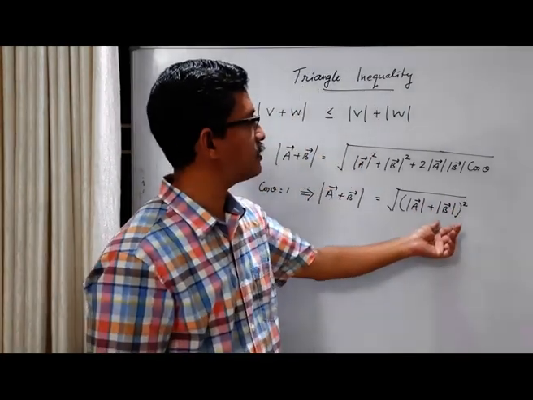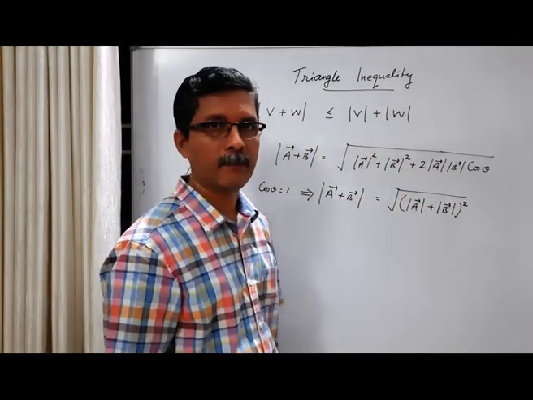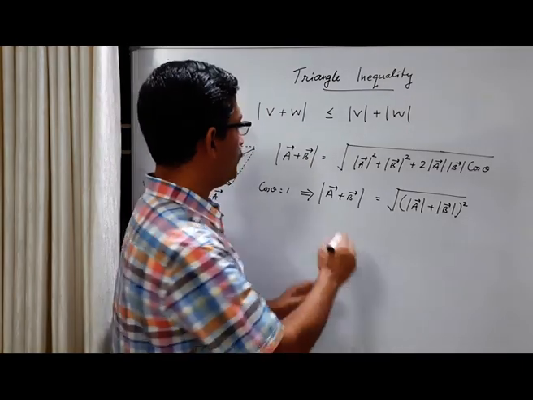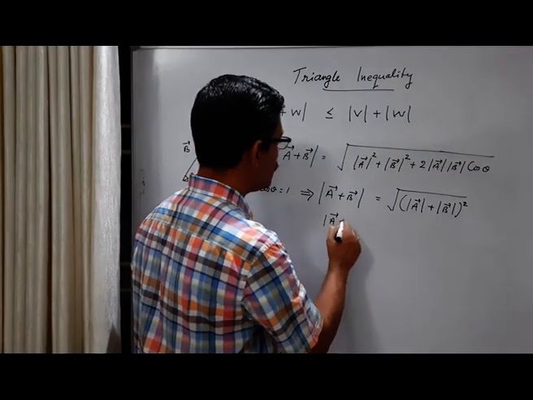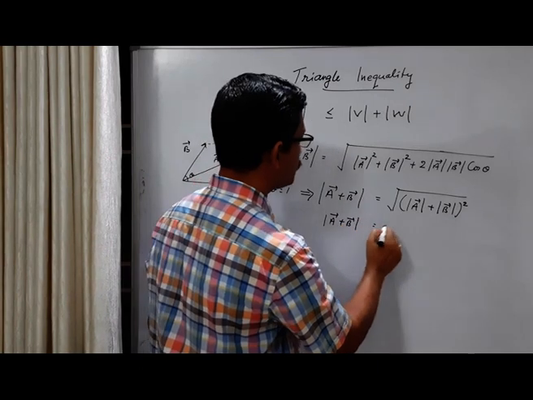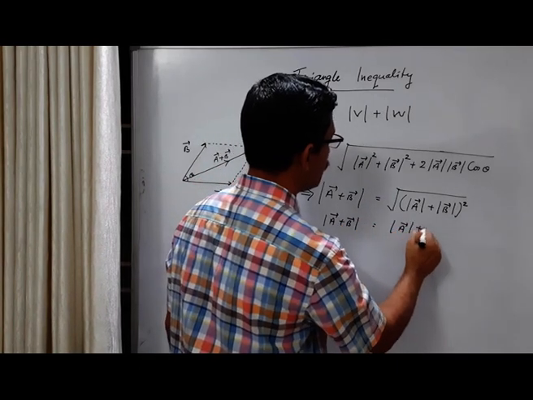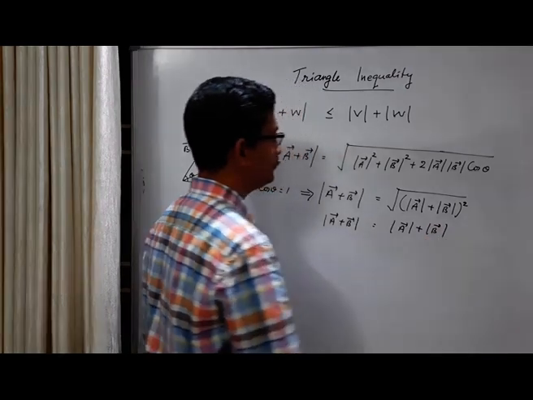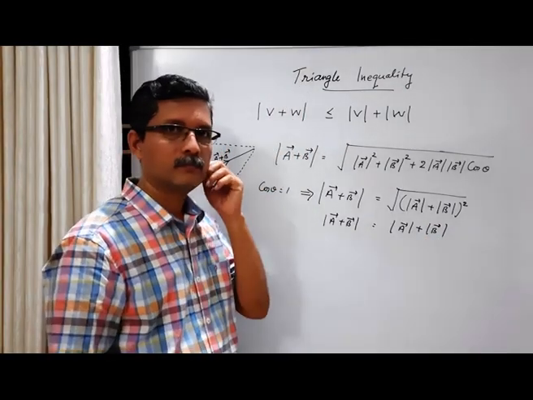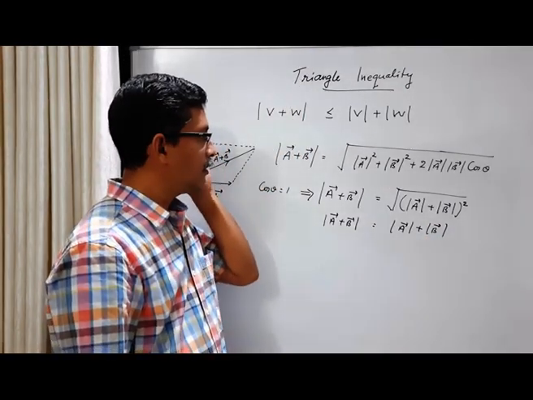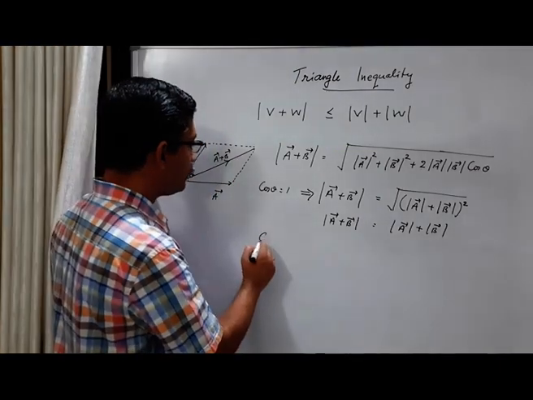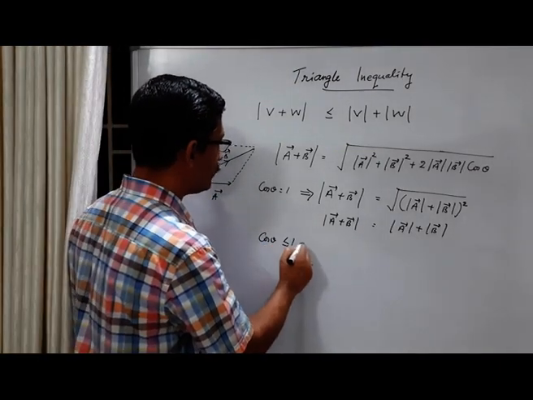Right? Mod A square plus mod B square plus 2 mod A mod B. So therefore modulus of A plus B is equal to mod A plus mod B. But in general, we know that cos theta is less than or equal to 1.